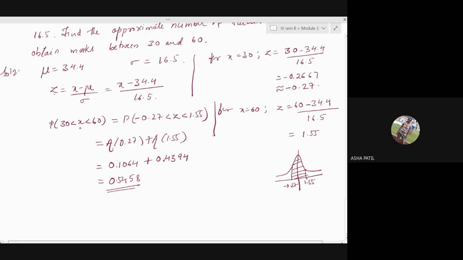It's the probability that 30 less than x less than 60.